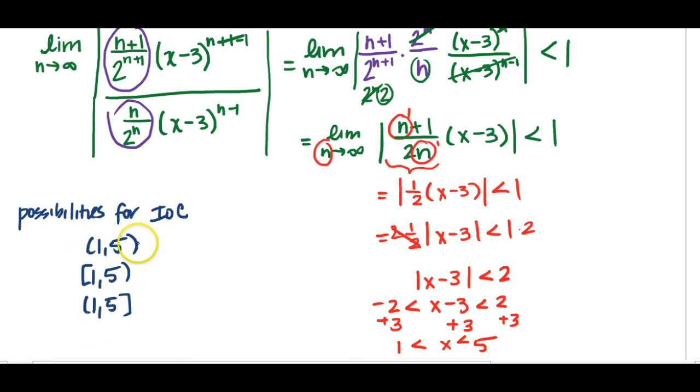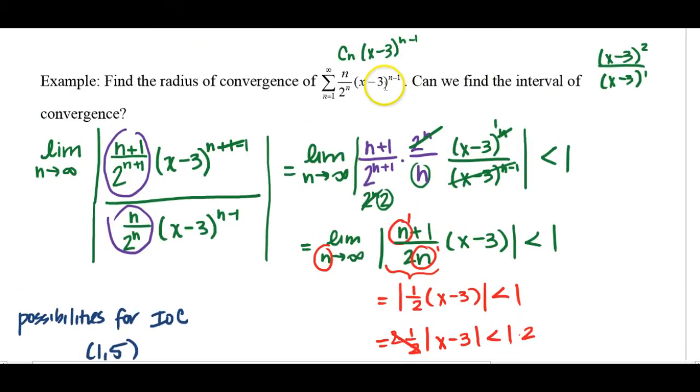So in other words, I'm not sure what happens at the endpoints. Or, technically, the last possibility, closed at 1 and closed at 5. These are the 4 possibilities for the interval of convergence, and I won't know until I test them. So I'll take 1 and 5 and plug them back into the original power series and see whether that series converges or diverges.